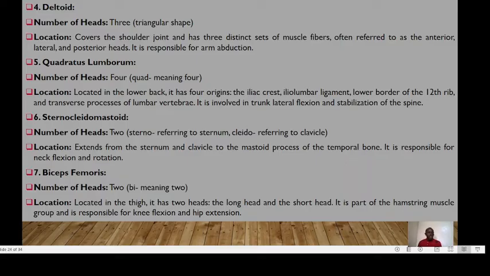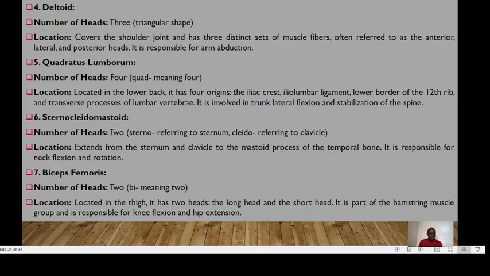We also have the quadratus lumborum, located in the lower back. It has four origins: the iliac crest, the iliolumbar ligament, the lower border of the 12th rib, and the transverse processes of the lumbar vertebrae. It is involved in lateral flexion of the trunk and stabilization of the spine.